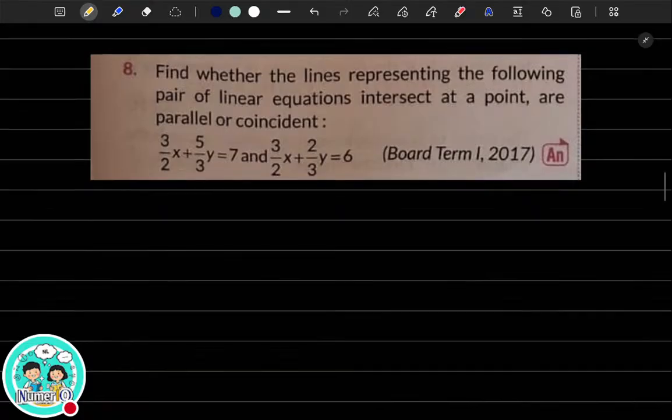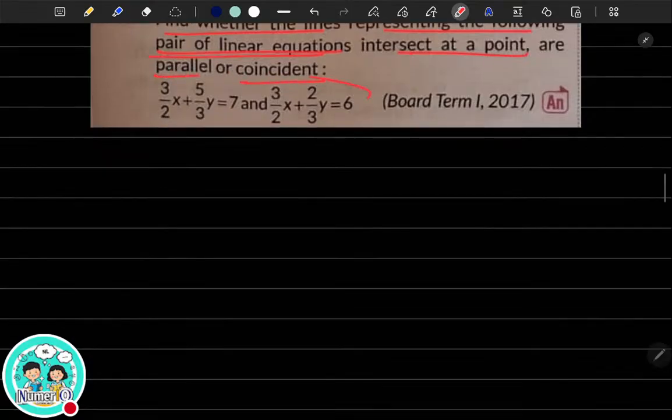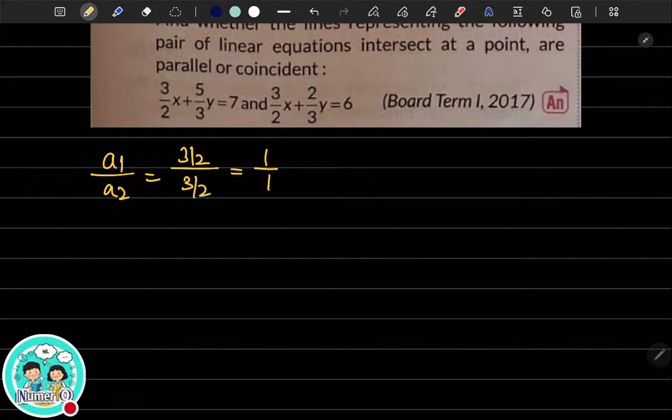Okay, so question number 8. Again, find whether the lines representing the following pair of equations intersect at a point, or are they parallel, or are they coincident? Can you quickly check and tell me? By looking here, I can see a1 by a2 is 3 by 2 divided by 3 by 2, which is nothing but 1 over 1.